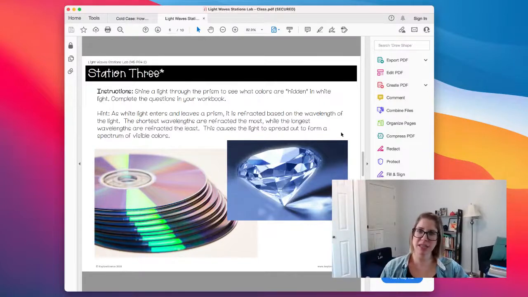And then in your discussion, when you come to the conclusion that light reflects or bounces off things, you can talk about how light reflects or bounces off the moon. Another option is to provide all of these stations, but then discuss with students which one explains why the moon glows or why we see the moon.